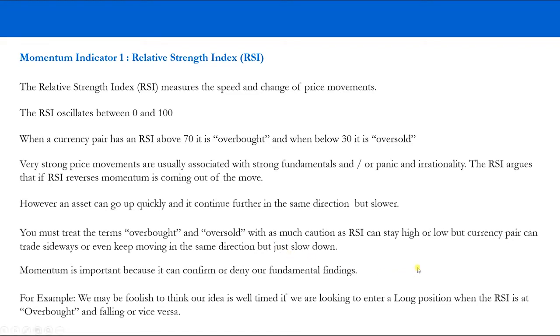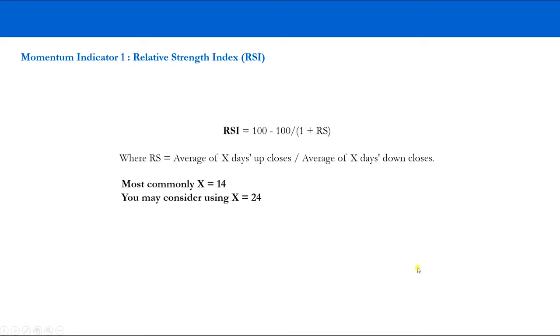If we have a look at the formula behind RSI, RSI is simply 100 minus 100 divided by 1 plus RS, where RS is relative strength. And relative strength is the average of the X days of up closes divided by the average of X days of down closes.